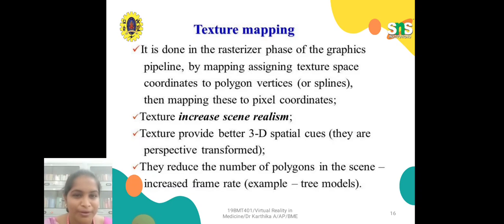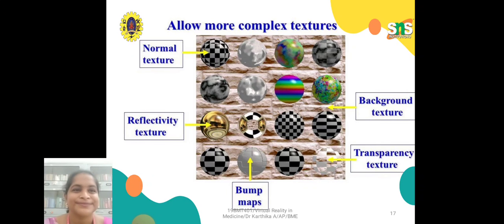Example: tree models. And the best use of geometric modeling is that it allows more complex textures. See the normal one and reflectivity of texture, bump maps, background texture and transparency texture.